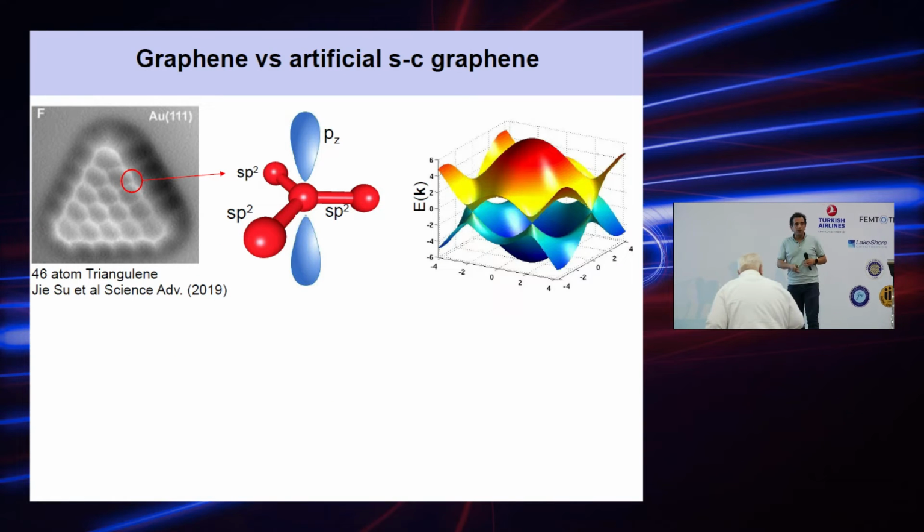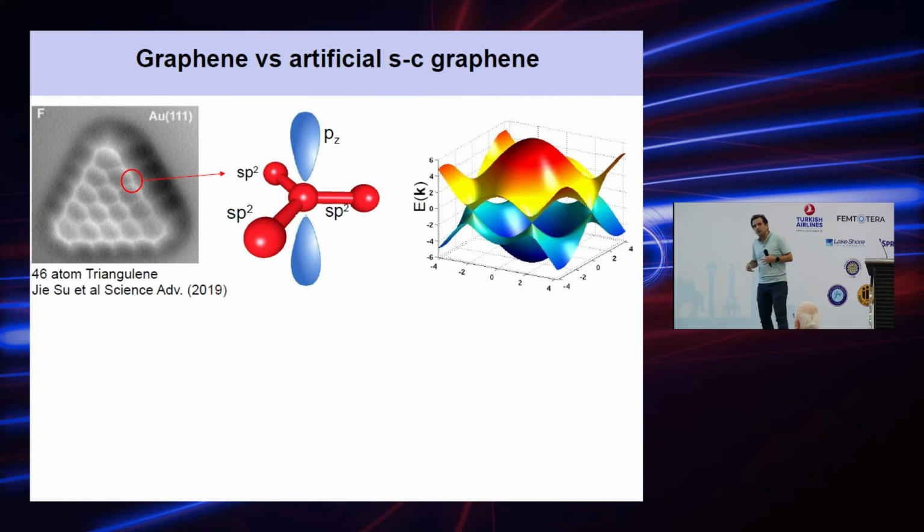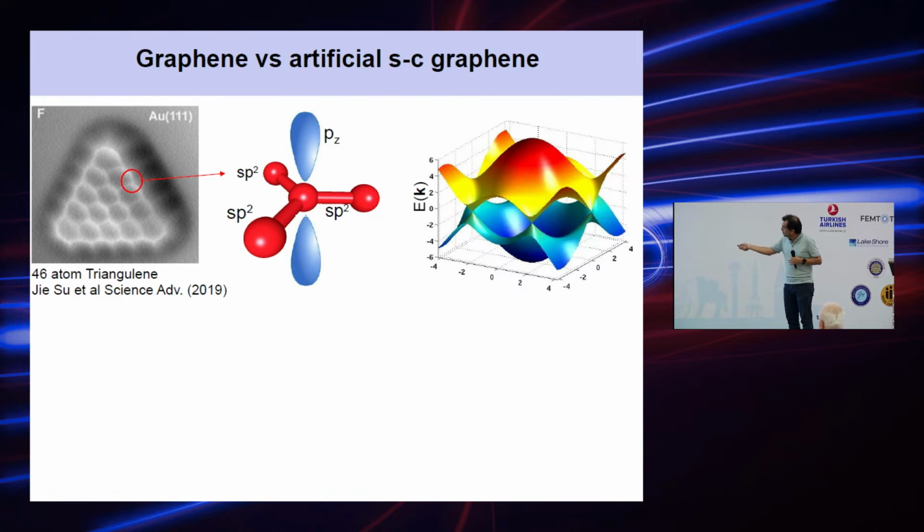Okay, so I think we all know, and we have seen in the previous talk, that graphene, the real graphene, has extraordinary properties. We have Dirac fermions, very good thermal, mechanical, and transport properties. However, from a nanotechnology point of view, it would be very nice if we can control, by engineering, the geometry, size, and edge type of graphene, so that we can control the magnetic properties and other properties as well.